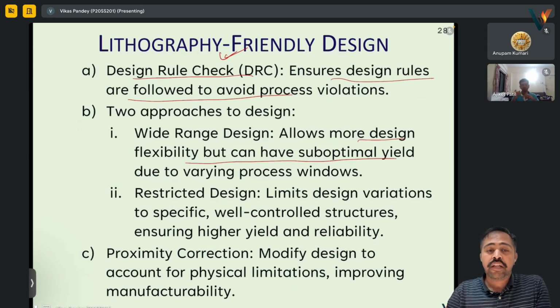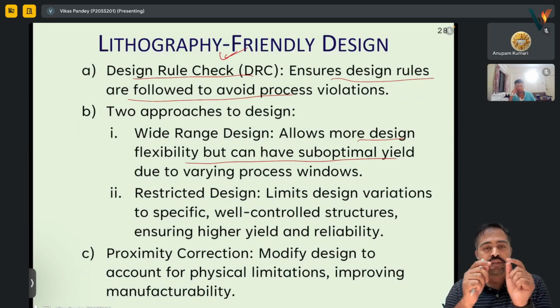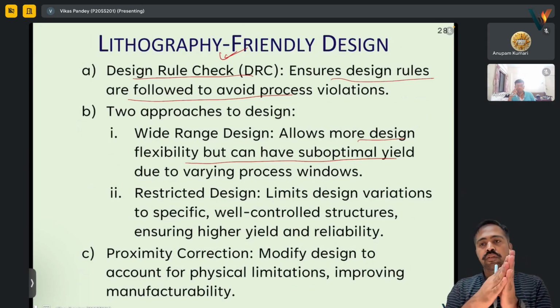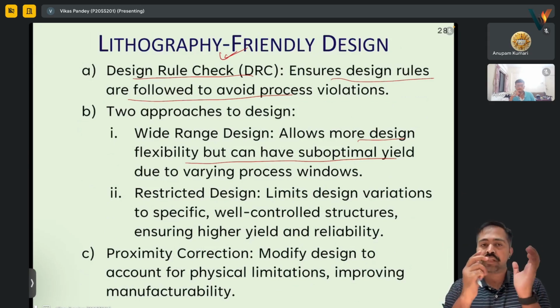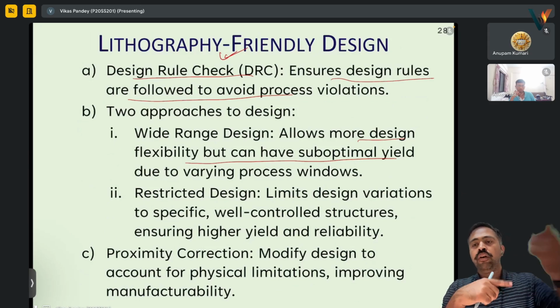Second is restricted design. That is, it will say that the design window is very small. Any thickness that you put will be between 10 to 20 micron. Flexibility is less. Or say nothing can go below 10 micron, nothing can go above 50 micron.